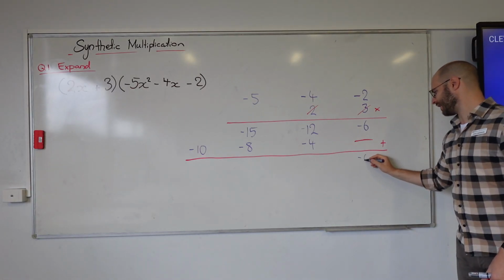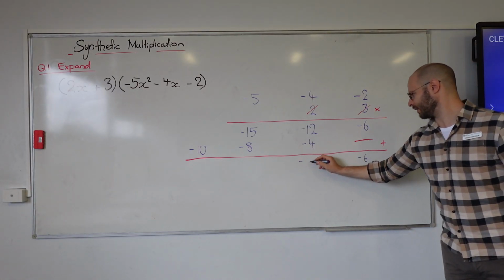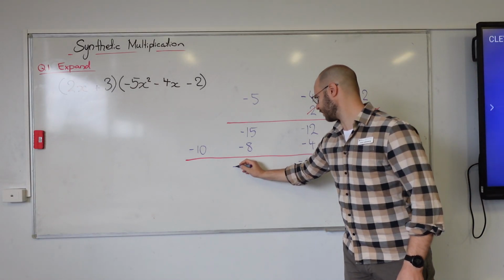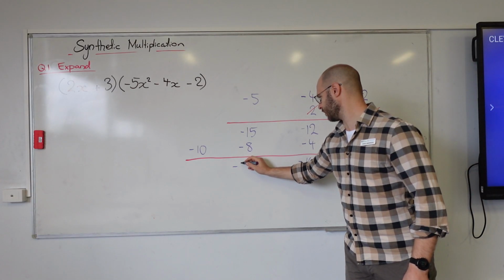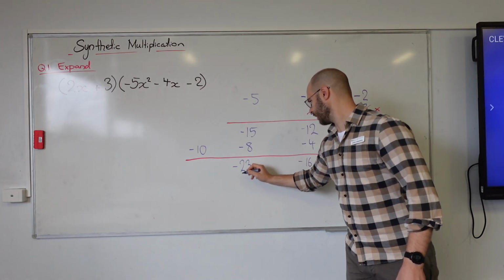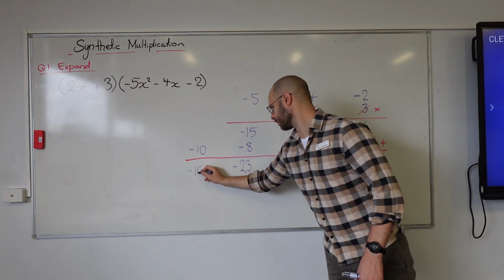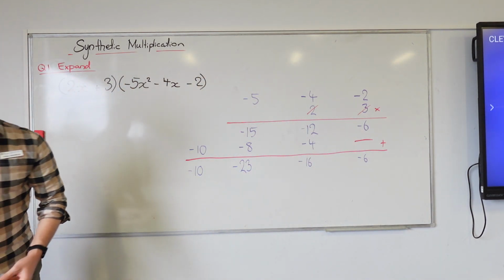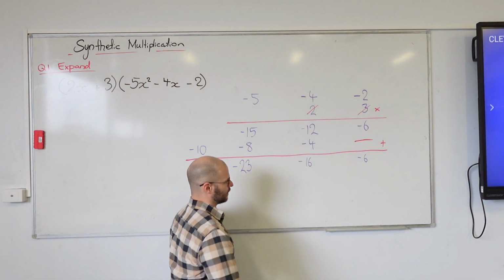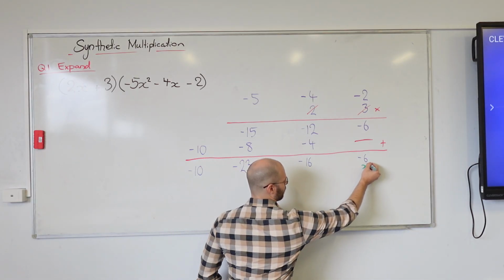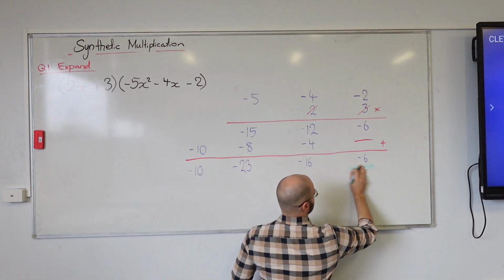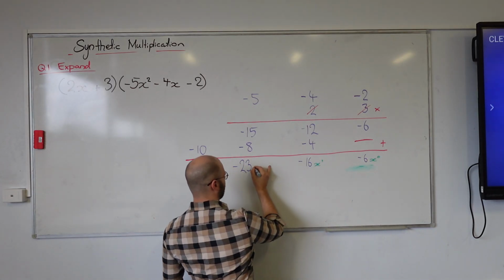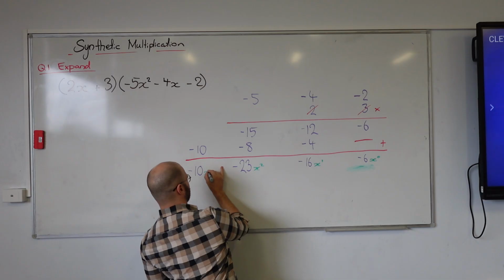You have −6, you have −16, you have −23, and then you have −10. Now each of these represents a coefficient in our subsequent expression. This will be x to the 0, x to the 1, x to the 2, x to the 3.